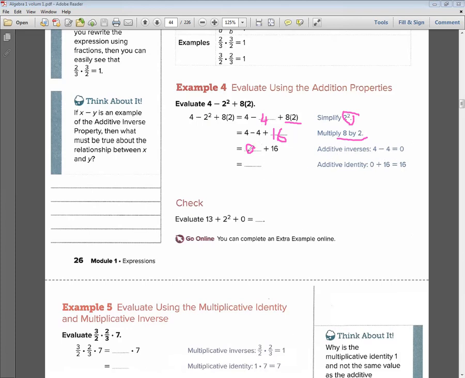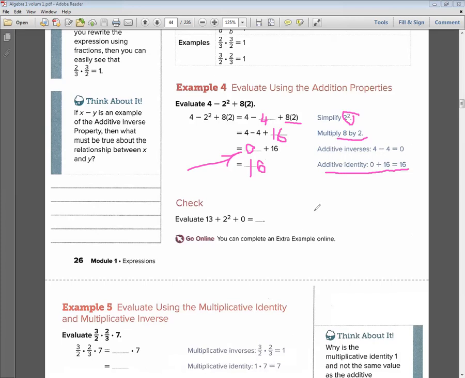Last step, what should I do? I have here 0 plus 16. I know 0 is the additive identity. So adding 0 and any number, I'll get the same number, 16. Additive identity, 0 plus 16 equals 16.